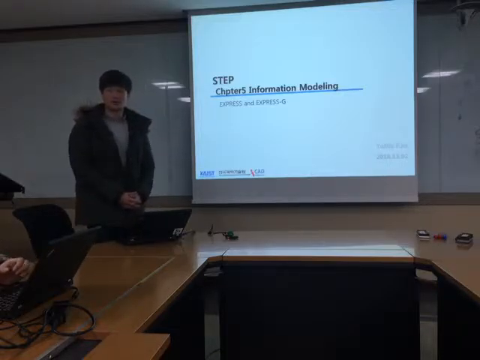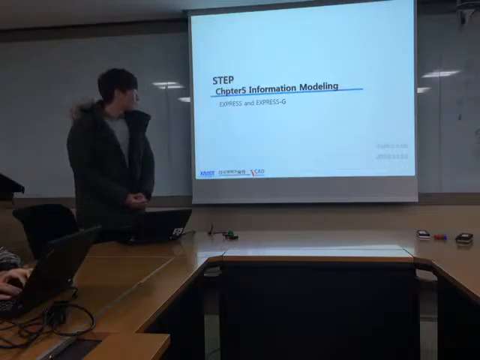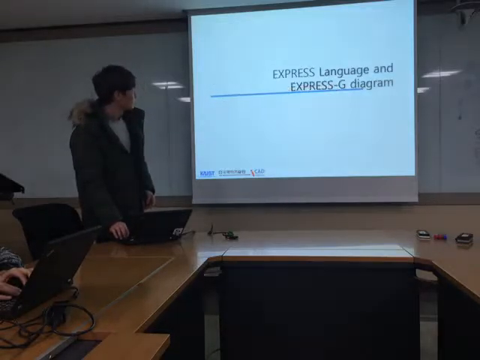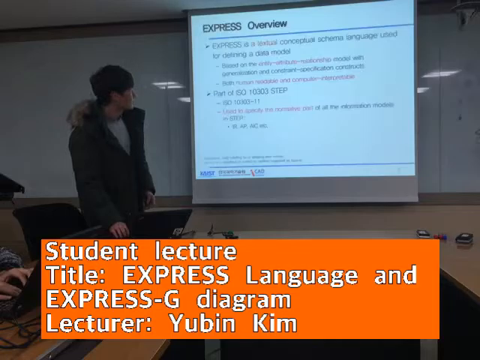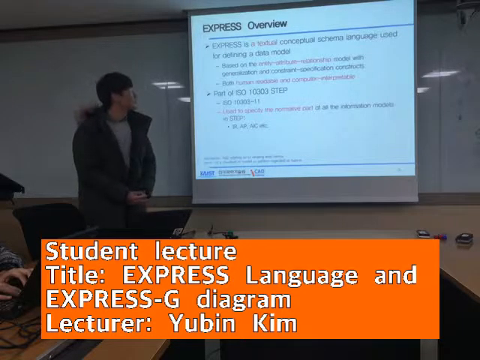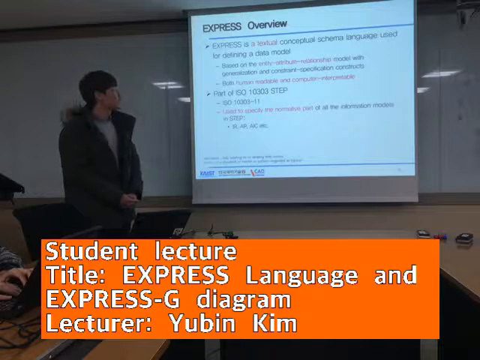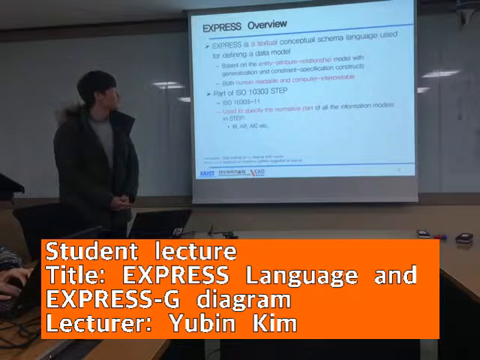Hi, my name is Yubin, and I'm going to introduce information modeling: EXPRESS and EXPRESS-G. First, this is the overview. EXPRESS is a textual conceptual schema language used for defining a data model.